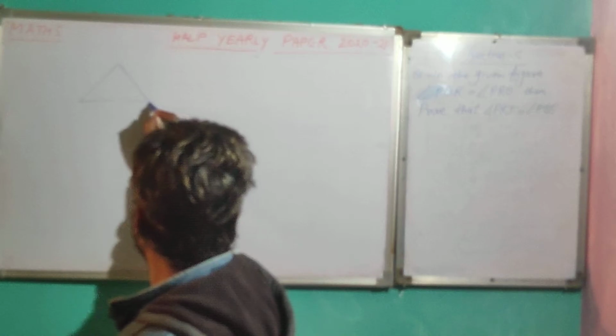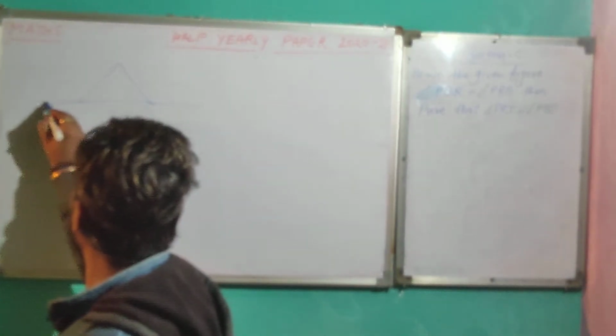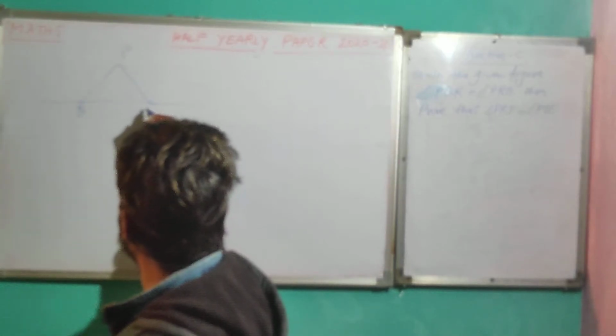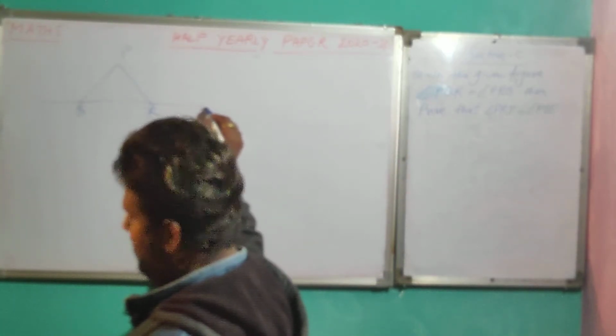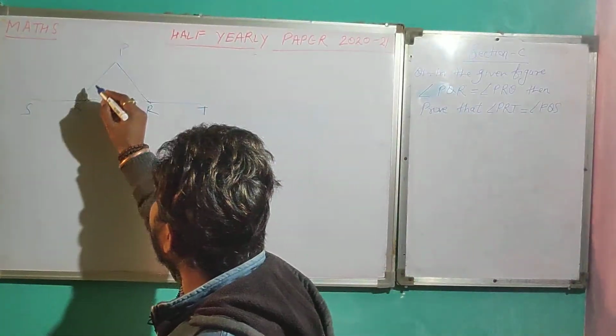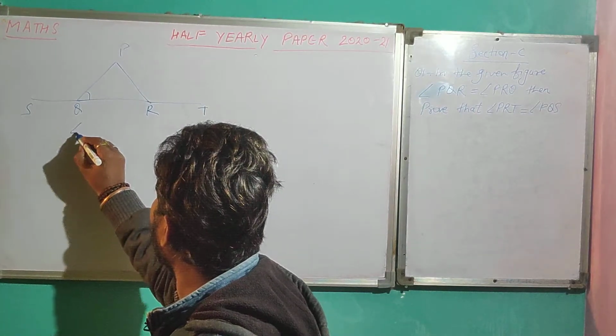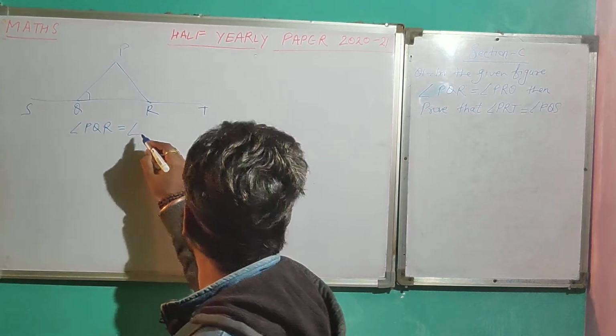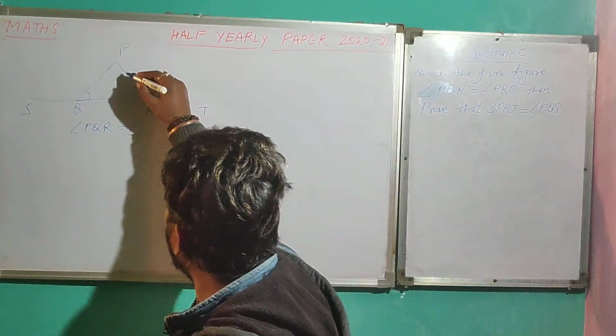This is a triangle, extending these points in both directions. This point is P, this point is Q, this point is R, this is T, this is S. So what is given in our question, that angle PQR is equal to angle PRQ.